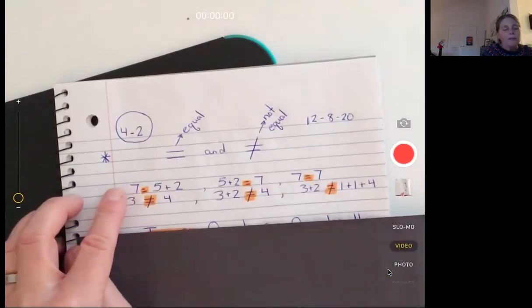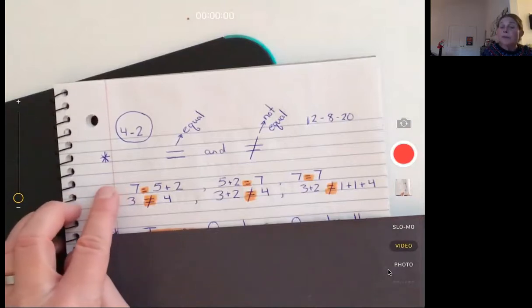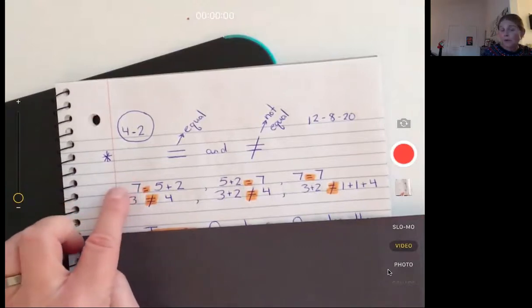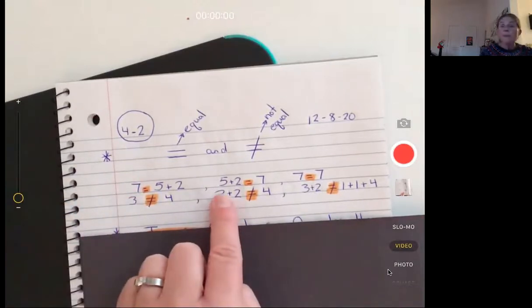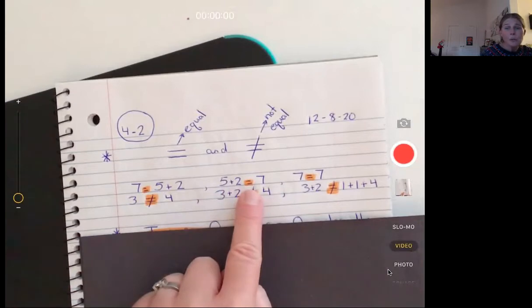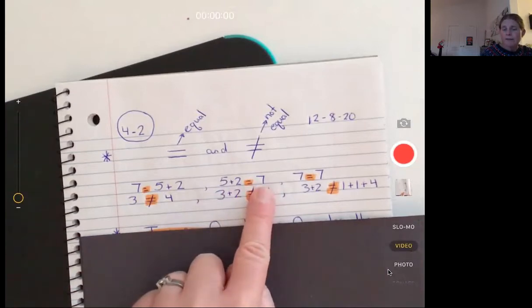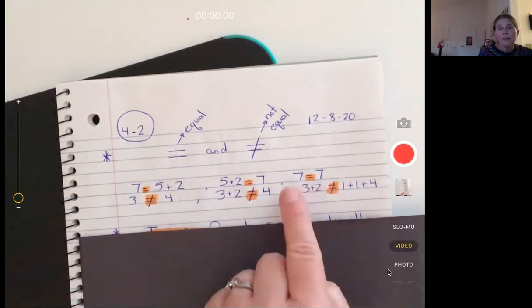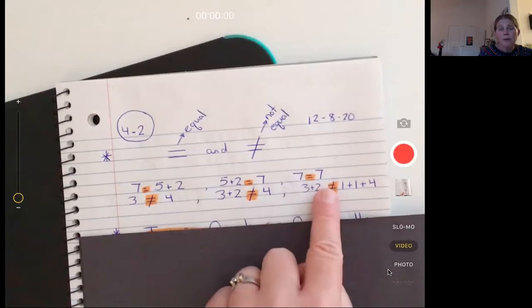7 equals 5 plus 2. So sometimes the sum, the answer, comes first. Sometimes we flip it, right? The commutative property. We could say 5 plus 2 equals 7. We can also show just the sums. 7 equals 7. That's just the value, just the number itself.